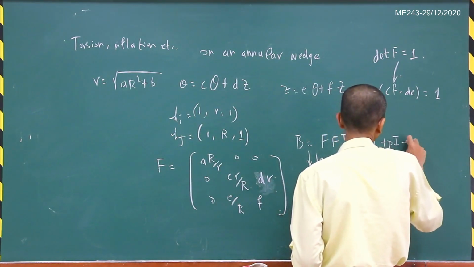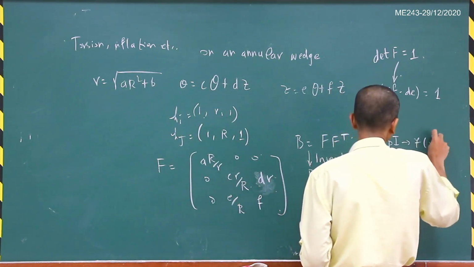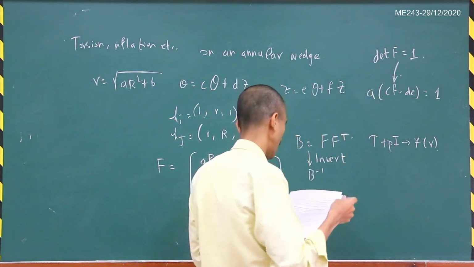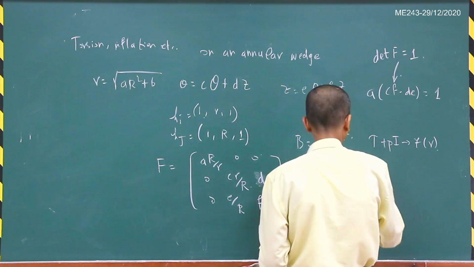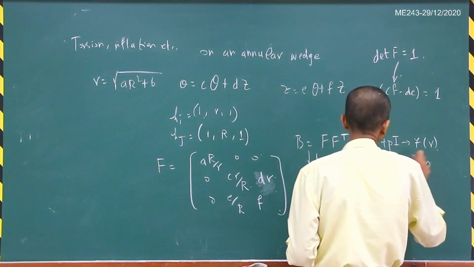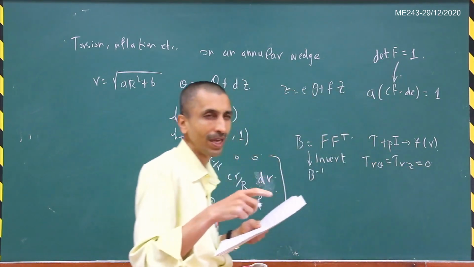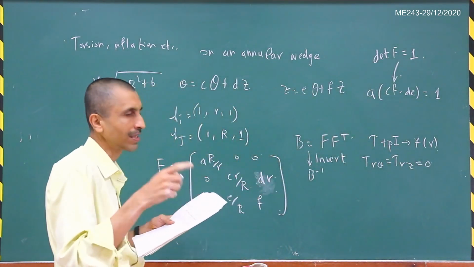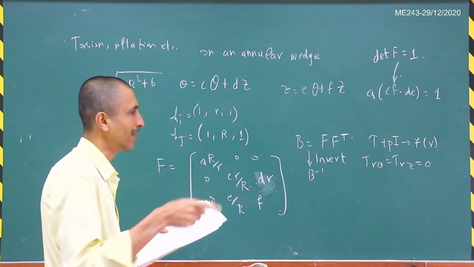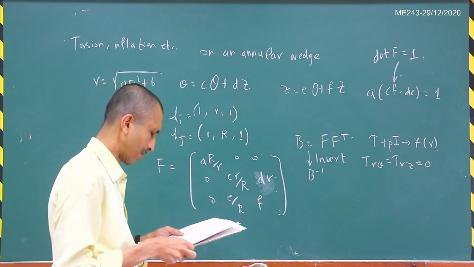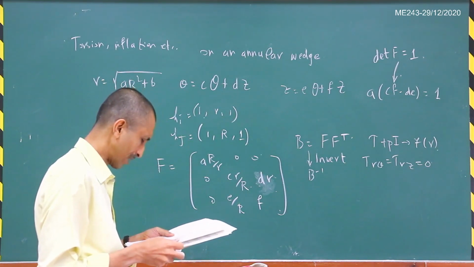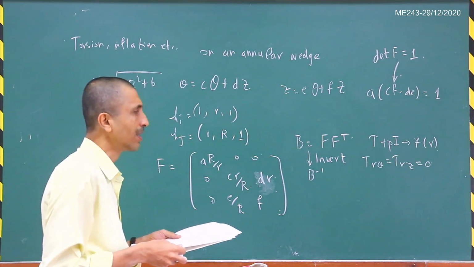So tau plus pi is f of r again. So again it satisfies all the assumptions, and tau r theta is equal to tau r z is equal to 0. So all the assumptions that we had made for the angular wedge are again satisfied, and then again we can apply all the results that I derived earlier for this problem, and derive the expressions for tau r, tau theta, and so on.